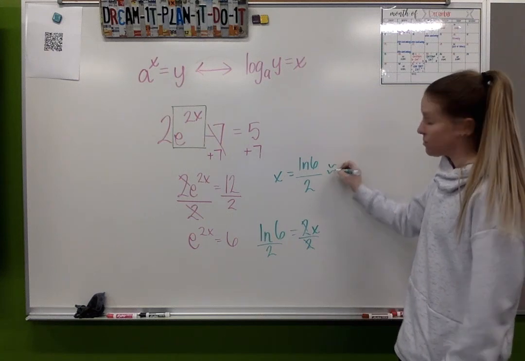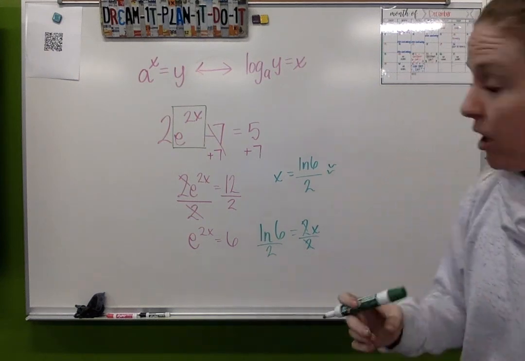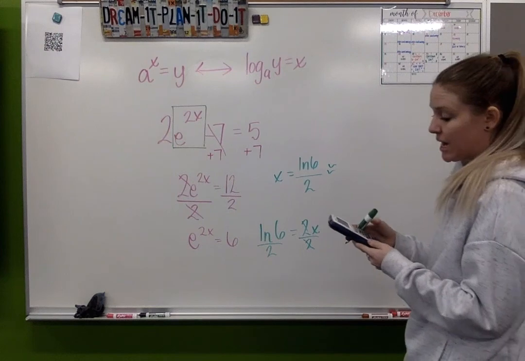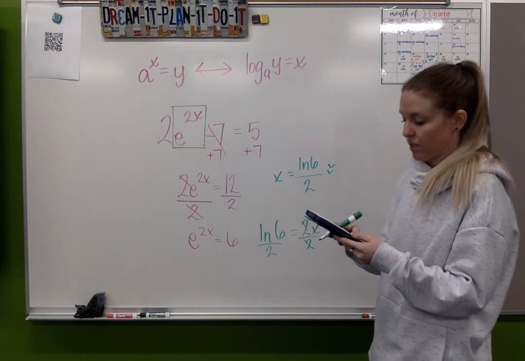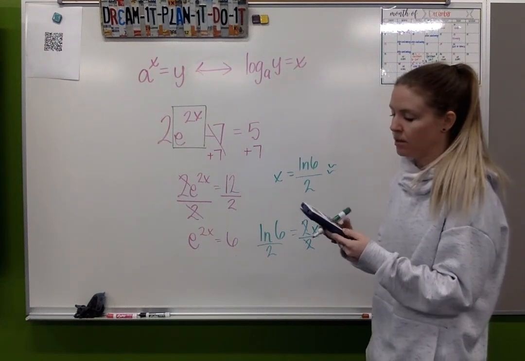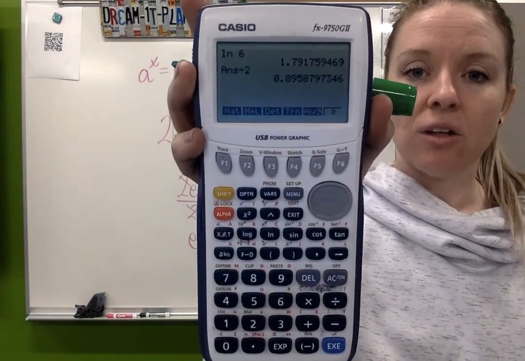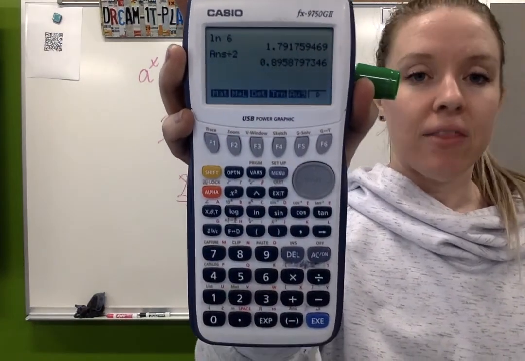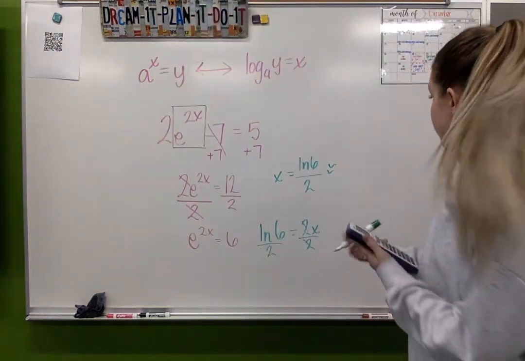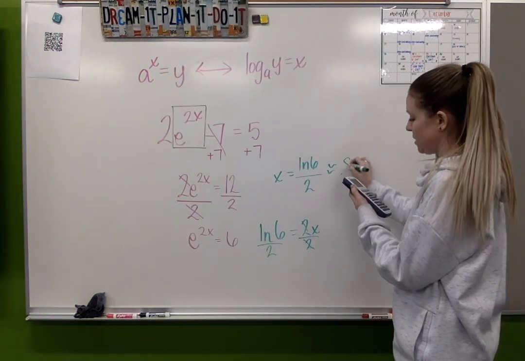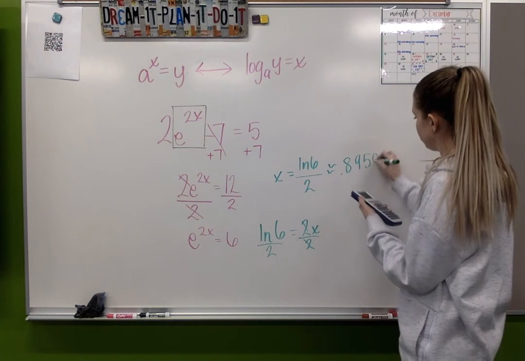So I'm going to ask my calculator here, and all I'm going to do is type in the natural log of 6, hit enter, and divide by 2. Okay? The natural log of 6, hit enter, and then divide by 2. So I get 0.8959.